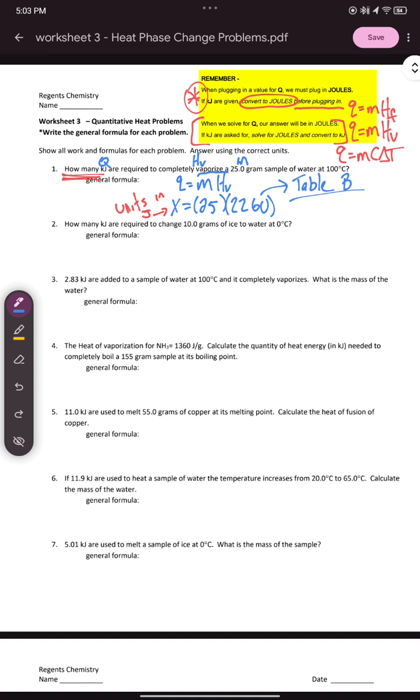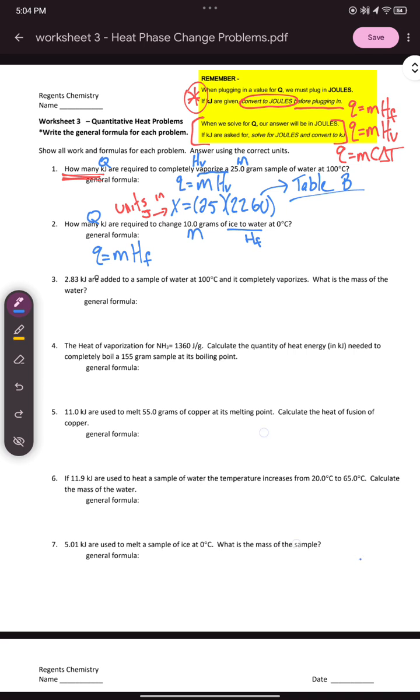All right, so when we're looking at this next question, again, we have how many kJs, that's your Q. You always want to start out by writing what your variables are. And I'm saying change ice to water. That's my HF. All right, so again, I'm going to use my Q equals M HF. And again, so we're just going to plug in.